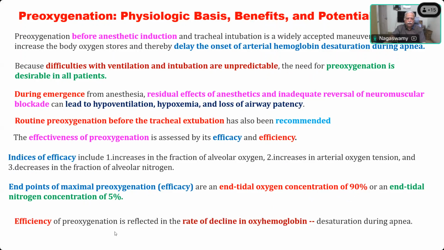Now the efficiency of preoxygenation is reflected in the rate of decline of oxyhemoglobin. That is, how soon the patient desaturates during apnea is the hallmark of efficiency.